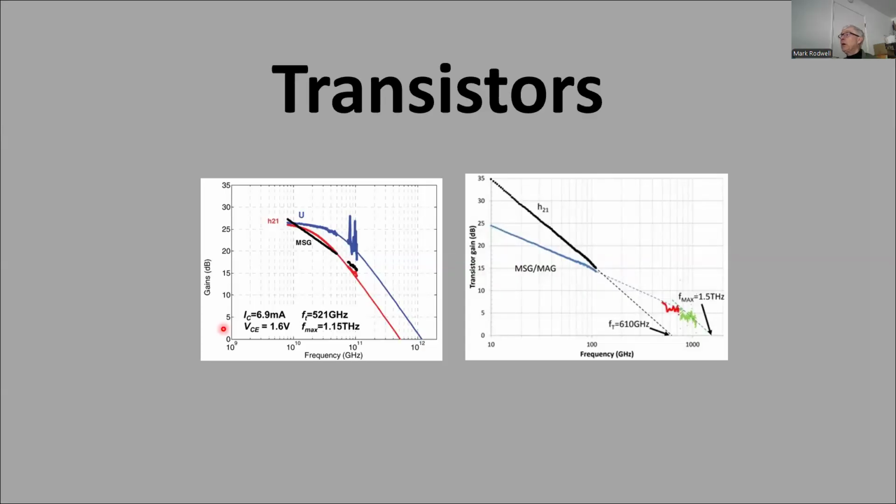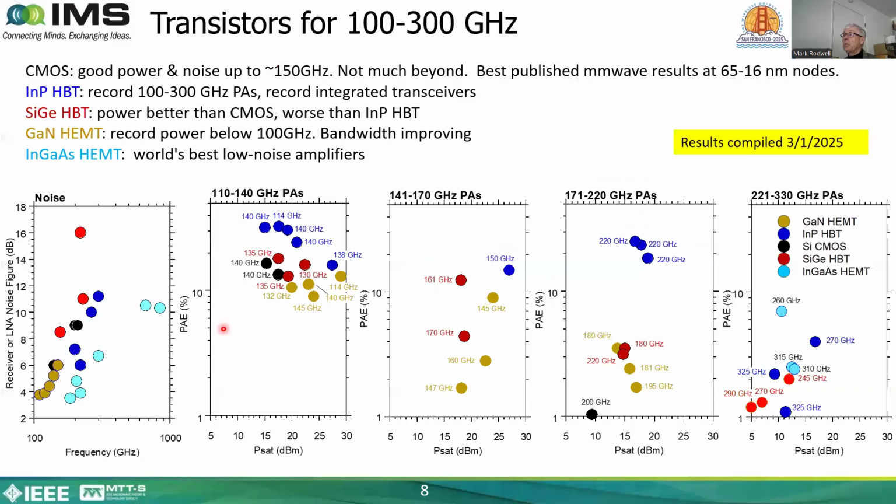Let's look at the hardware we might use to build such systems. In building systems for 100 to 300 gigahertz, we need good high-frequency transistors. CMOS, surprisingly, has excellent output power and low noise figure up to about 150 gigahertz.